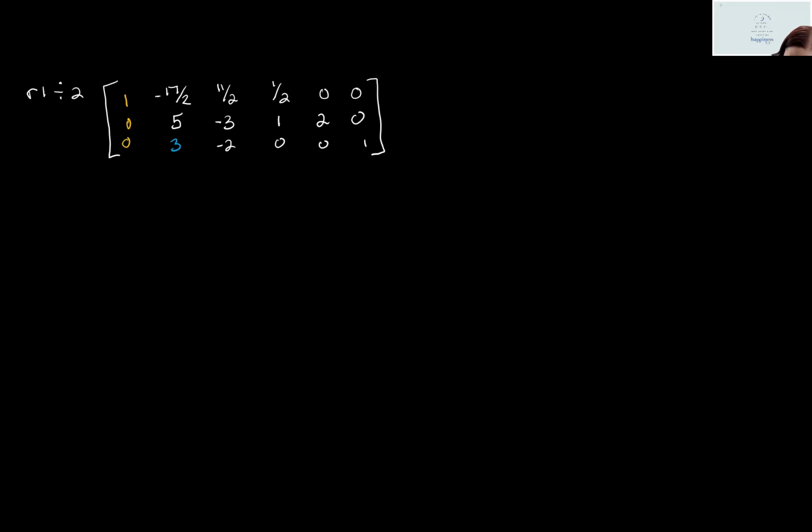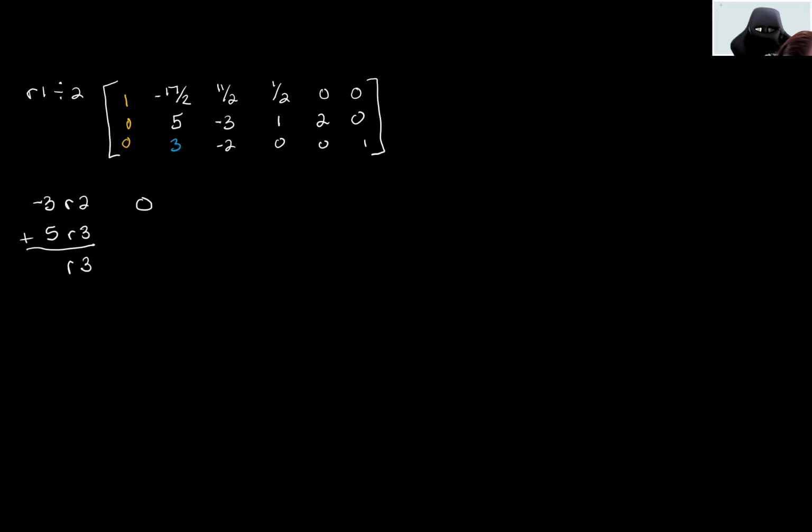So I'm going to do -3 times row 1, and then 5 times row 2. And that result, 5 times row 3, -3 times row 2. And then that's going to be stored in row 3.